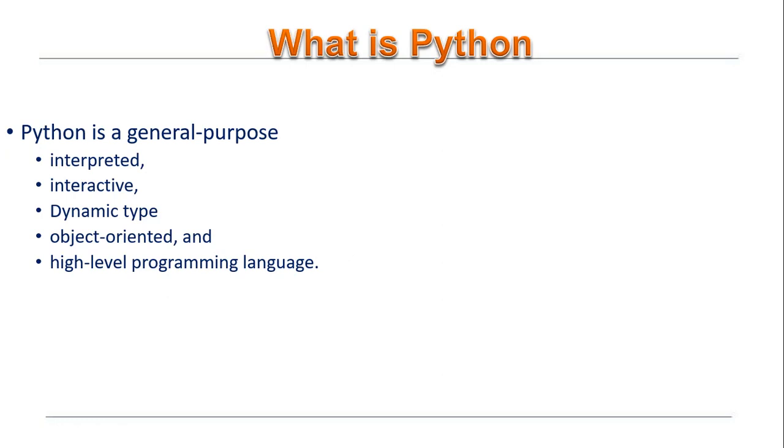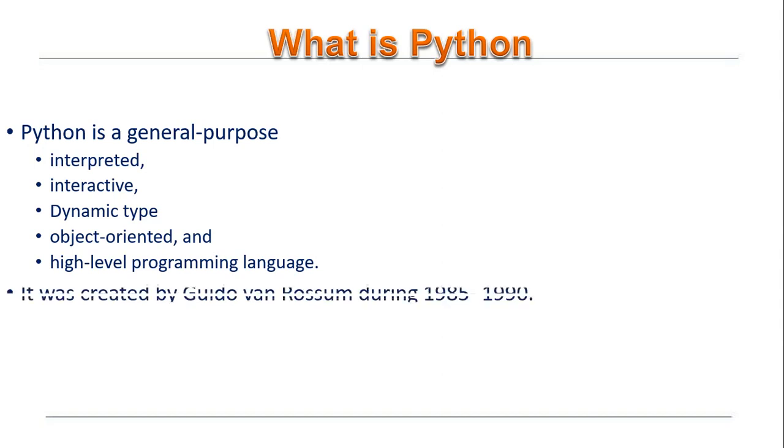These are the general features of Python. Now, Python was invented by Guido van Rossum during 1985 to 1990. So he invented Python.